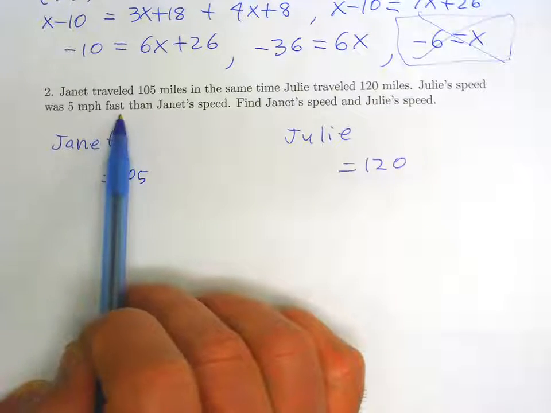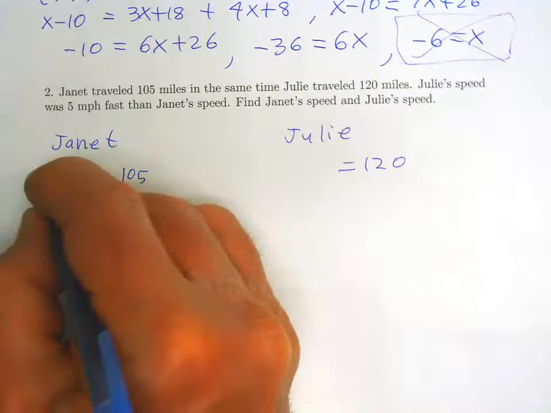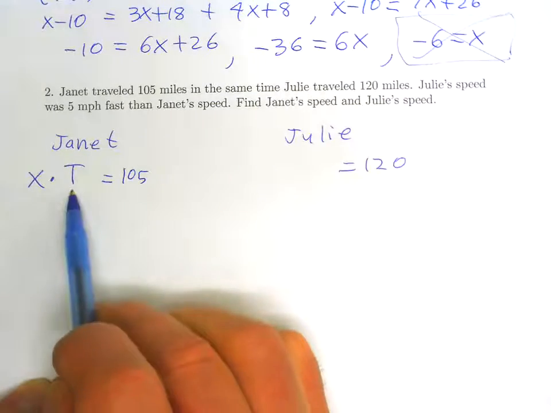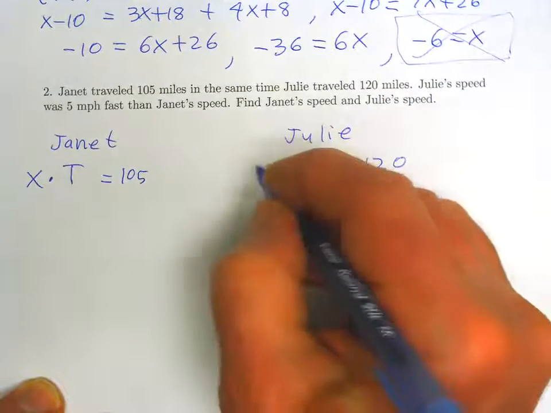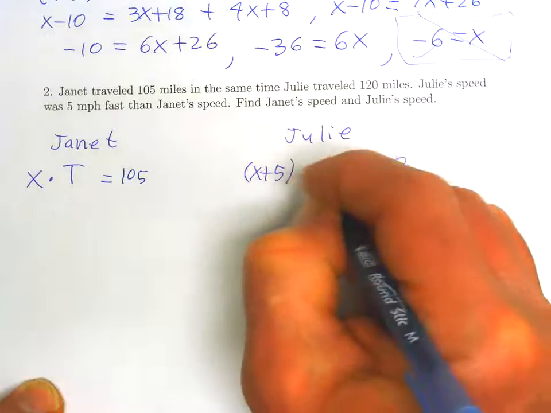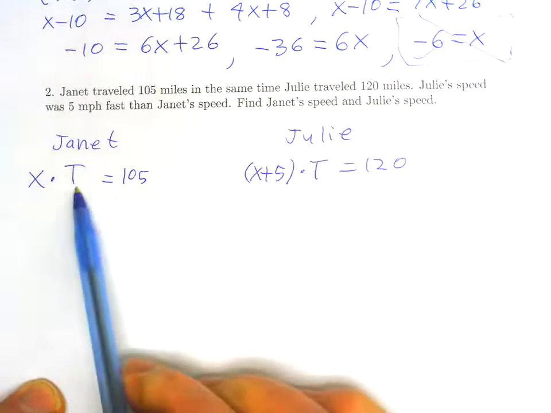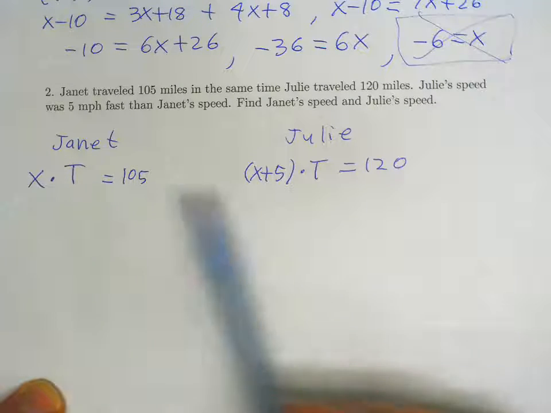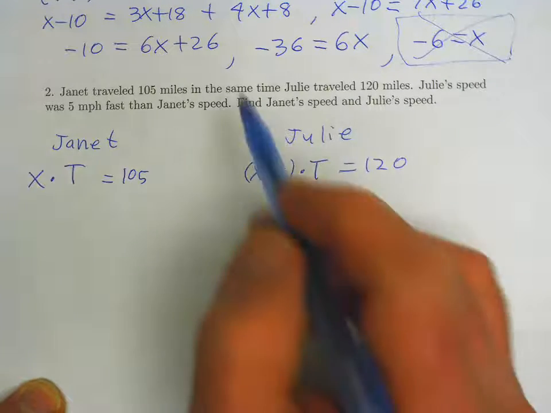That's supposed to be faster than Janet's speed. So if x is Janet's speed and t stands for time, then Julie's speed is x plus 5, times t. The key here to note is that the t values are equal because they traveled the same time.